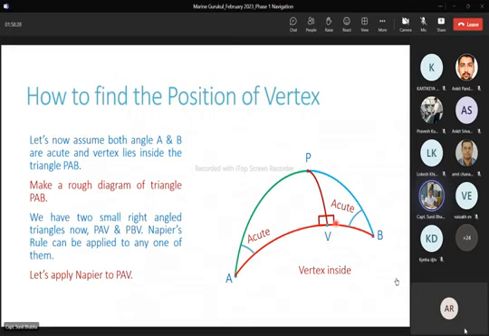So let's apply the Napier rule to triangle PAV, Papa Alpha Victor. So now I'll be moving ahead and applying Napier's rule to triangle Papa Alpha Victor. So moving on to the next slide, beta.